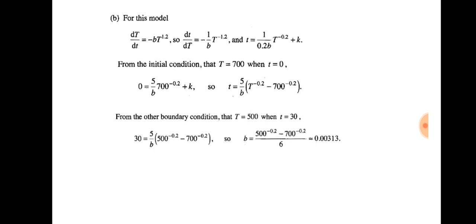From the initial conditions that T equals 700 when t equals 0, by substituting those values, we can find the value of t equals 5 over b times (T^(minus 0.2) minus 700^(minus 0.2)). From the boundary condition that T equals 500 when t equals 30, we can find the value of b, which is nearly equal to 0.00313.